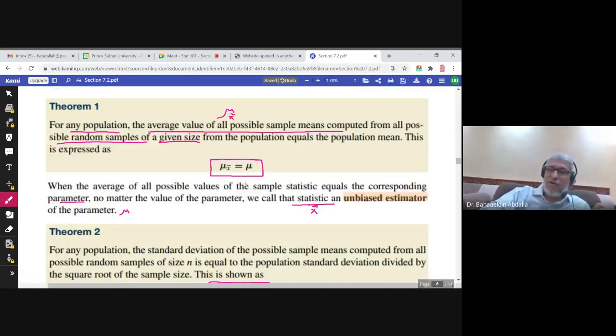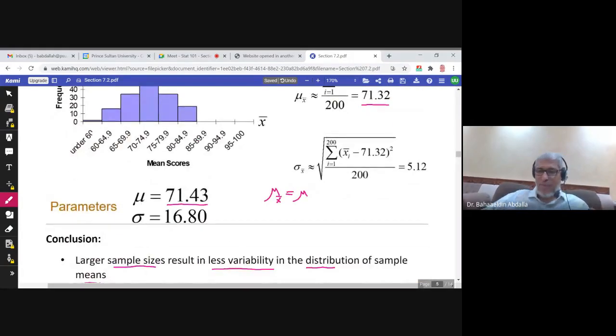So if you go to here, for example, and try to find sigma X bar using that formula in the theorem, it's sigma over square root of n. Well, sigma is 16.8, and here we chose n of size 10, so find 16.8 over square root of 10.